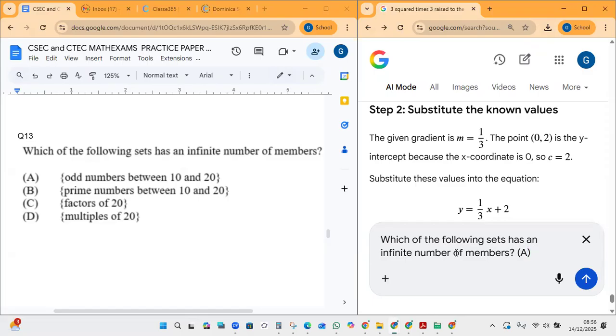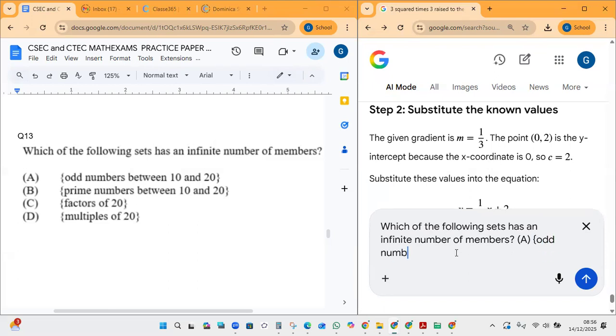A, the curly parenthesis, odd numbers between 10 and 20. And I put a comma, I guess so.